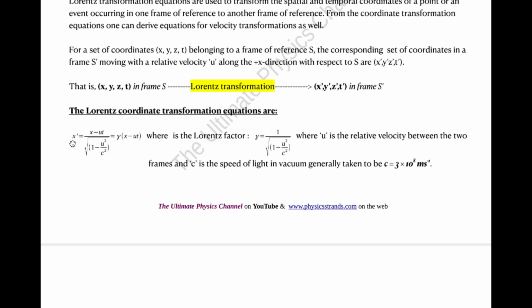So this gives you the x prime coordinate from x coordinate and t coordinate in S frame of reference, let's say. Right, u is of course the relative velocity between the two frames of reference, and c is the speed of light, which is equal to 3 times 10 power 8 meters per second.